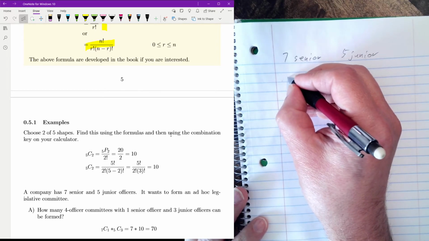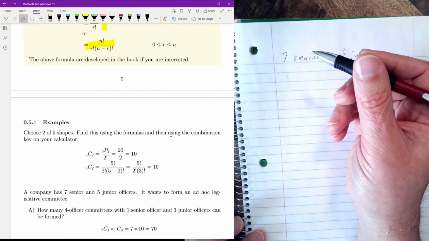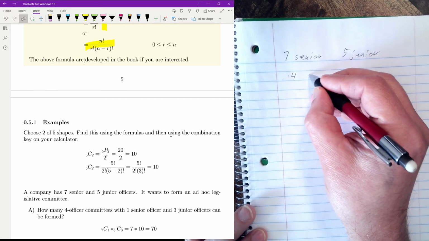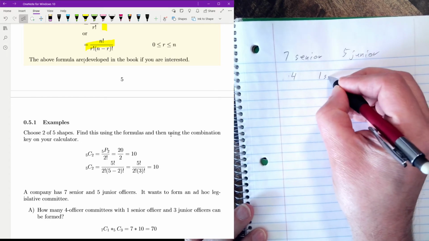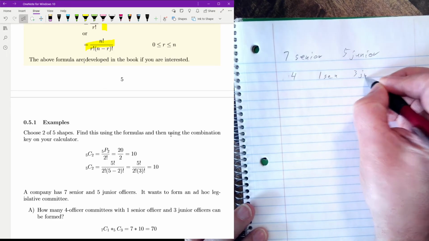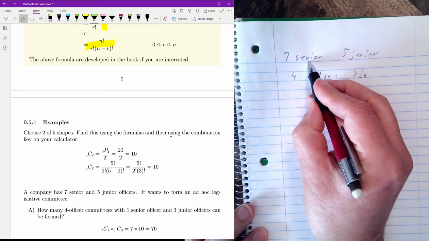So we're choosing a total of 4. We want a 4-officer committee with 1 senior and 3 junior. So basically, we want 1 from here.